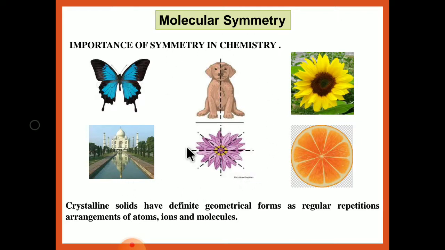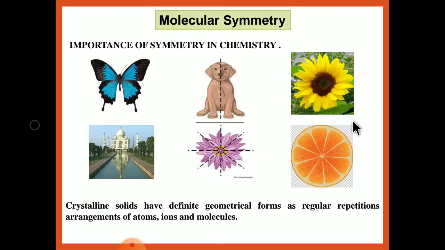These are other examples: the dog, the flower, and the piece of a lemon. If we cut all these things into two equal halves, we will get two equivalent parts, and we can say that these things possess symmetry.